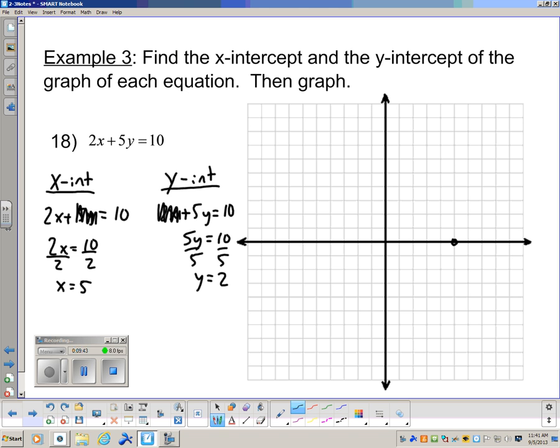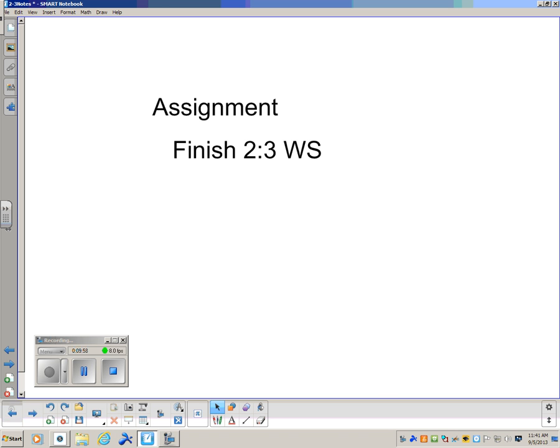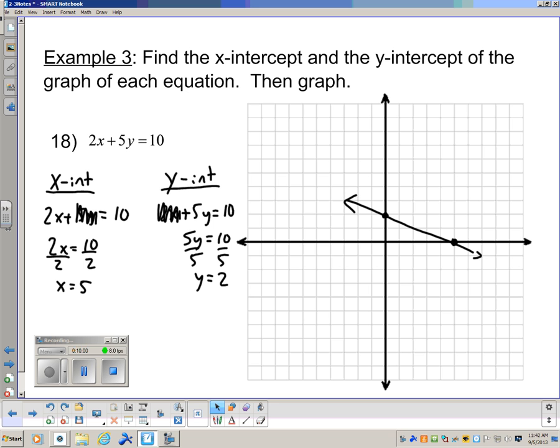So y is 2. And there's the graph. So pretty easy once you have those values just to go ahead and graph with that. So there we conclude the lesson for the rest of your 2-3 notes there.